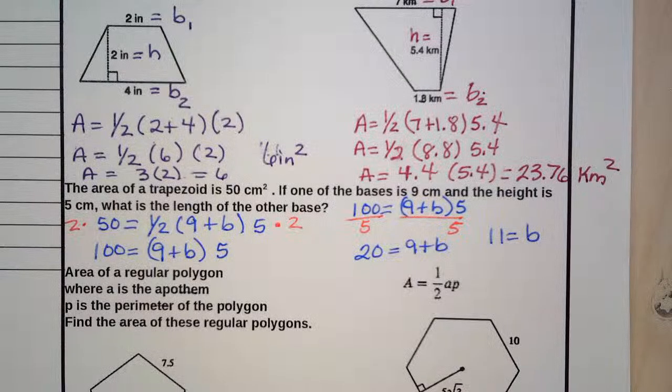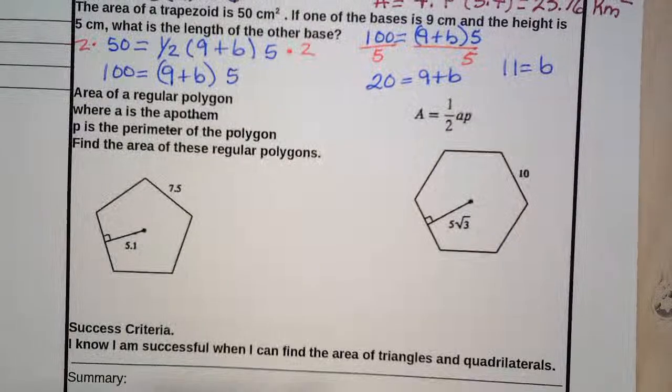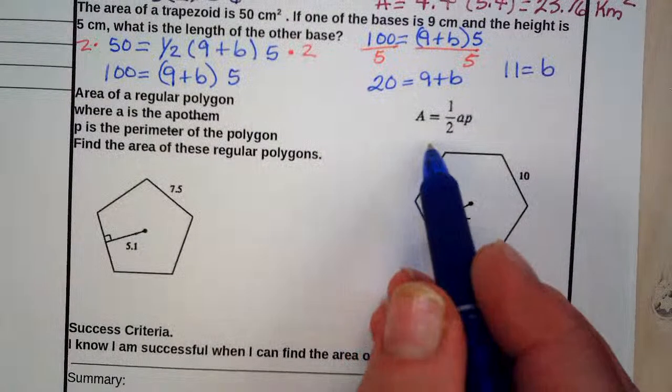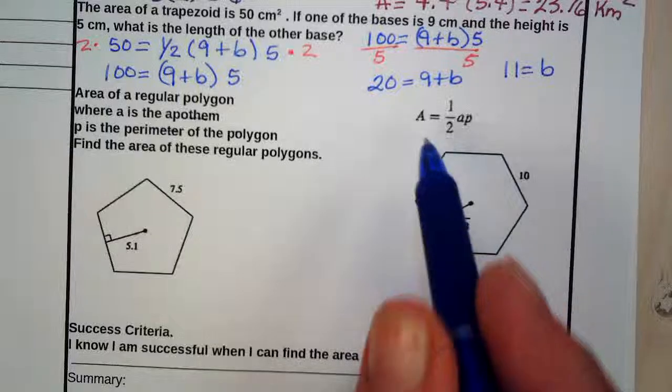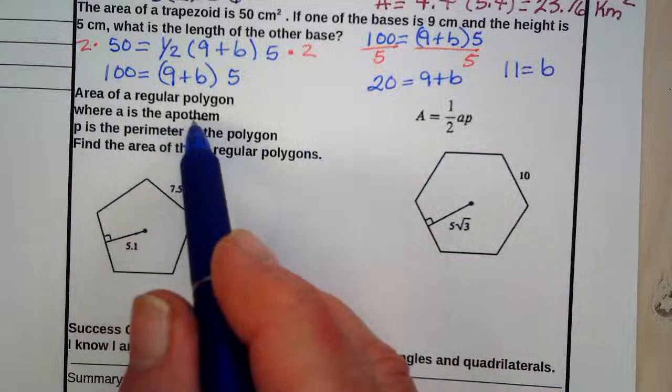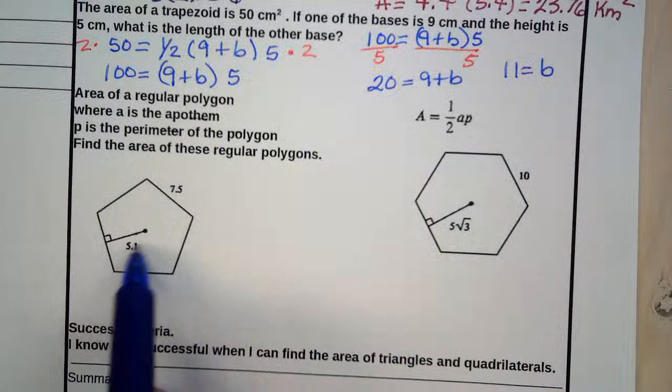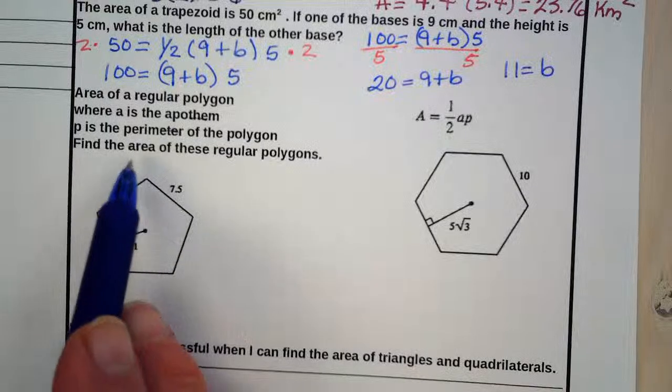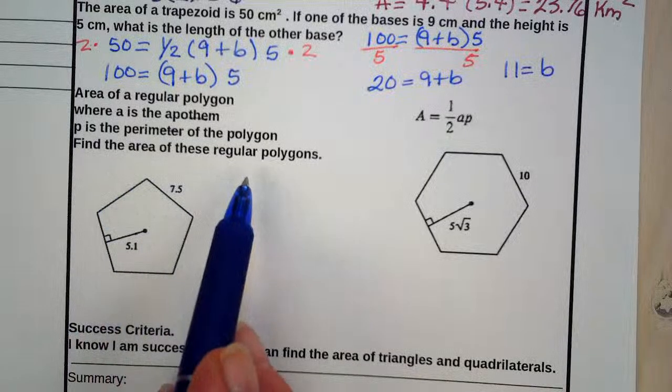The last one we're looking at is the area of a regular polygon. If you remember, a regular polygon has all of the sides congruent and all of the angles congruent. So to find its area, we take 1/2 AP, where A is the apothem. I always think of the apothem kind of like the radius of a circle, and P is your perimeter.